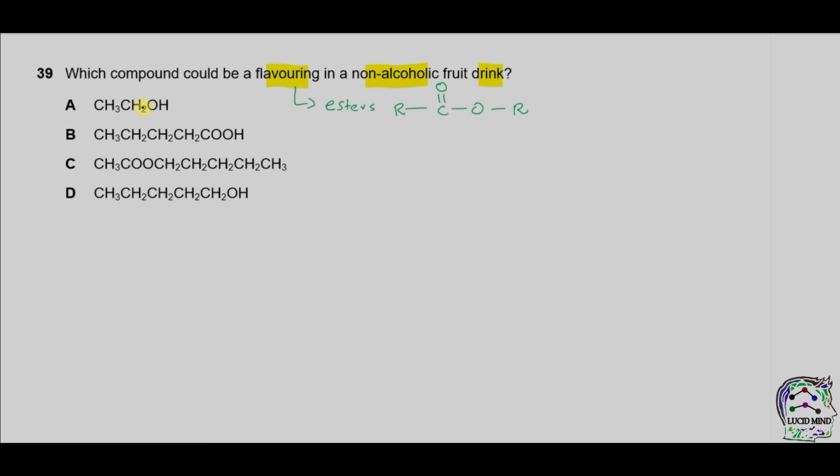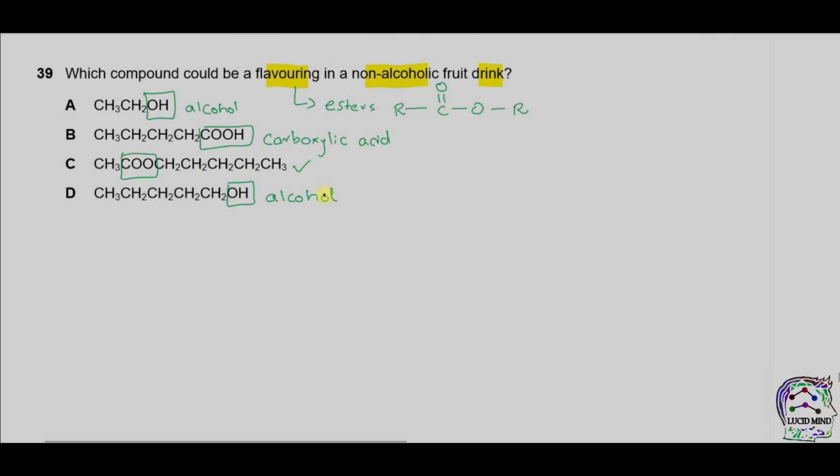In the first option we can see that OH is given, which means it is an alcohol, not an ester. In the second option they have given COOH, which means it is a carboxylic acid functional group. In the third option we have COO, which is an ester. In the fourth option again we have an alcohol functional group.